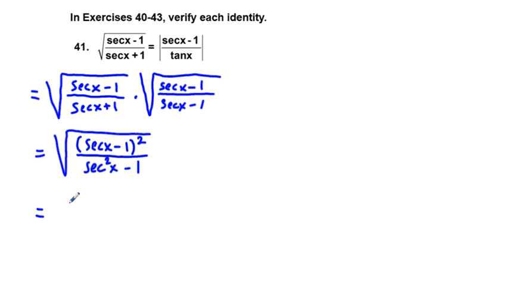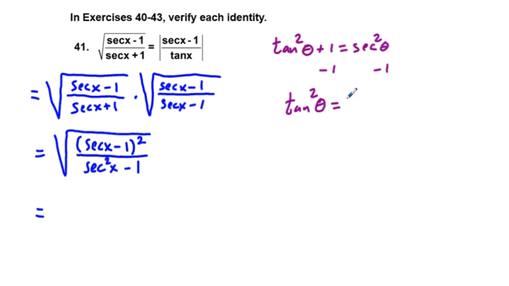Well, in the denominator, let's look at this identity. We have tangent squared theta plus 1 is equal to secant squared theta. So if we subtract 1 from both sides here, we have tangent squared theta is equal to secant squared theta minus 1.